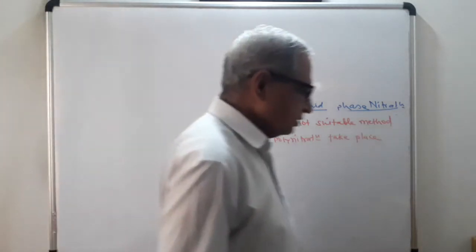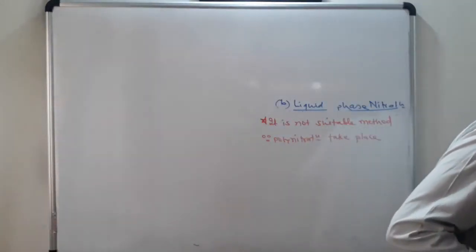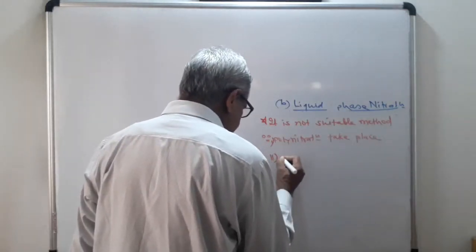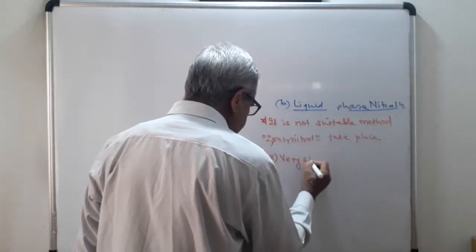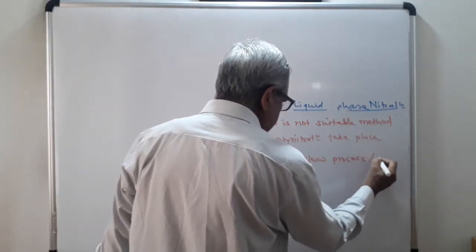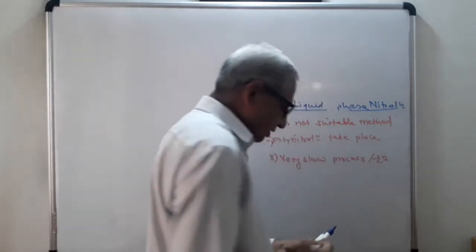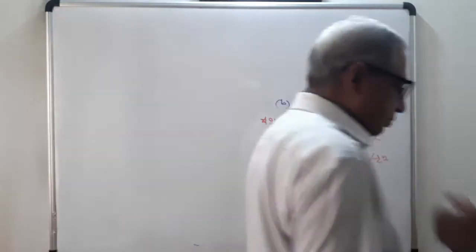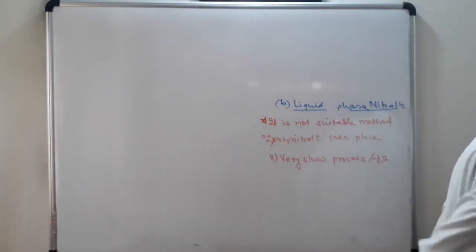Therefore, it is not a suitable method for the preparation here. Second reason is that this process is a very slow process or reaction. Due to these two reasons, it is not a suitable method for the preparation of nitroalkanes.